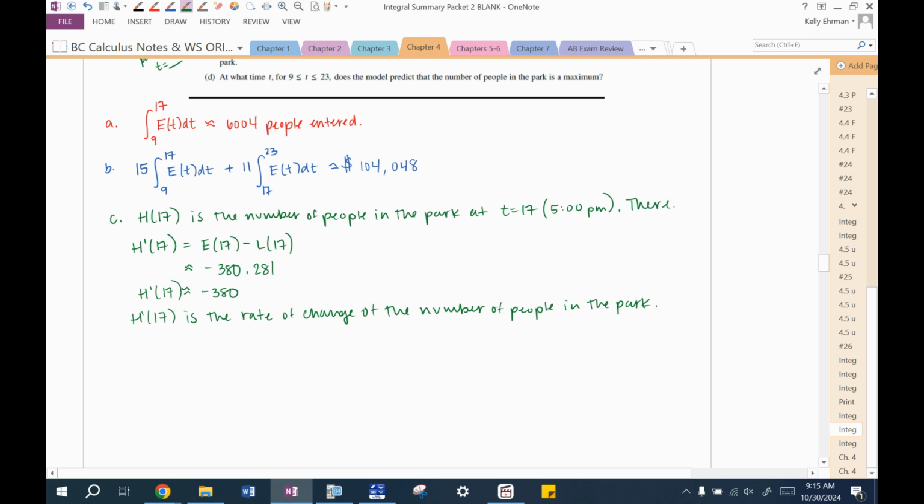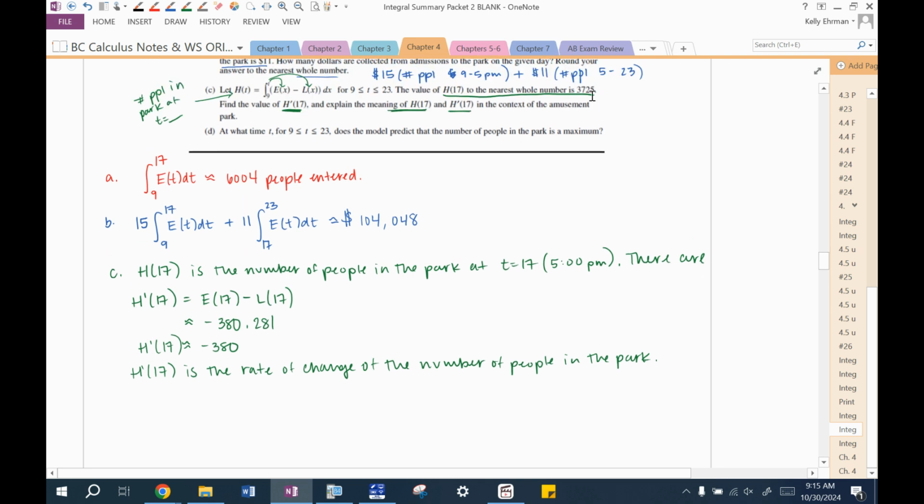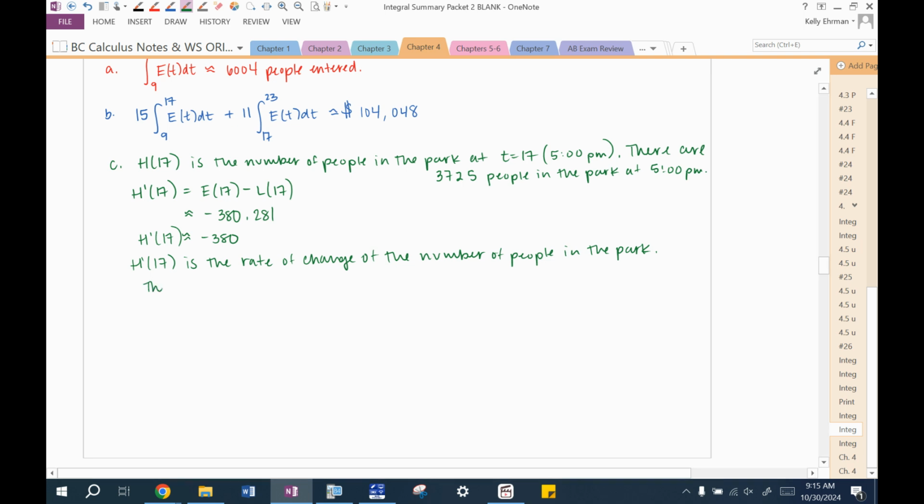So let's say there are, what was the number? 3,725 people in the park at 5 p.m. Here, because I got negative 380, the number of people in the park is decreasing, because it's negative, by 380 people per hour at t equals 17, at 5 o'clock.